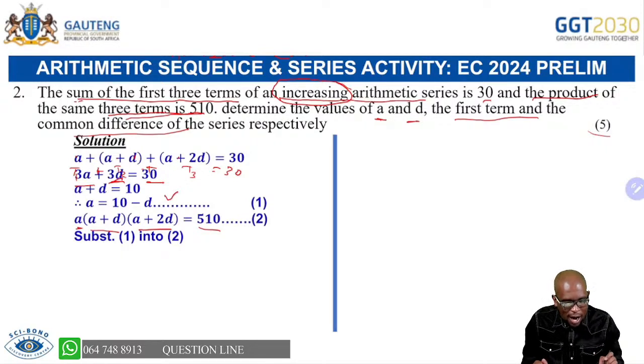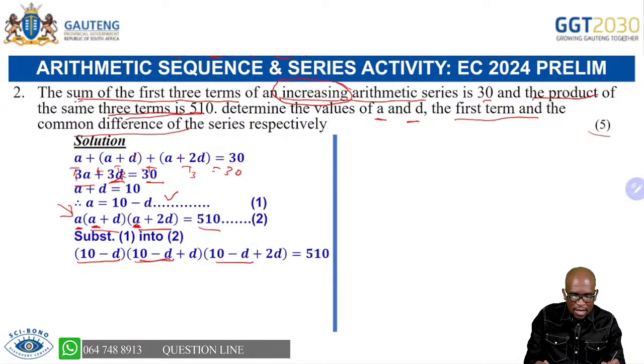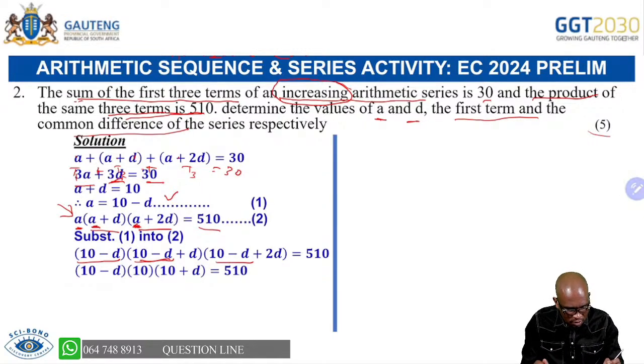We already have equation 1 where A is written in terms of D. So wherever we see A, we substitute 10 minus D. Each A here was replaced by 10 minus D. Simplifying that, we can see 10 minus D plus D gives us 10, and 10 minus D plus 2D gives us 10 plus D.